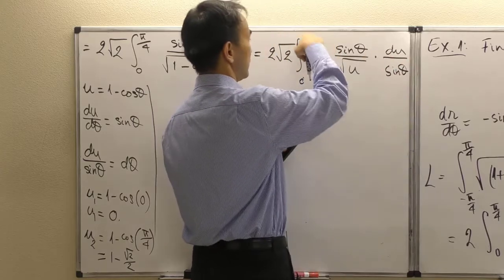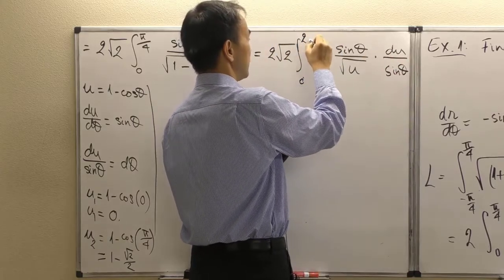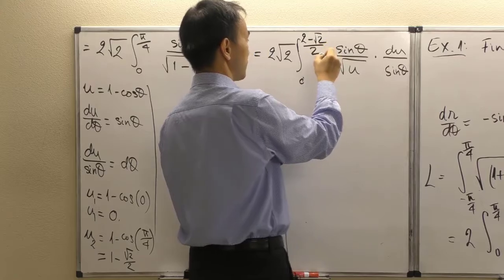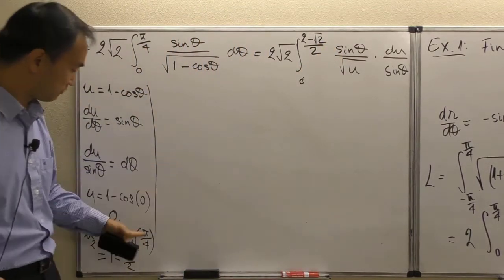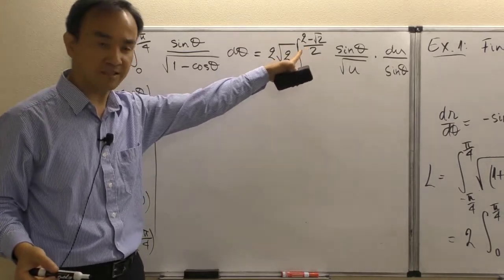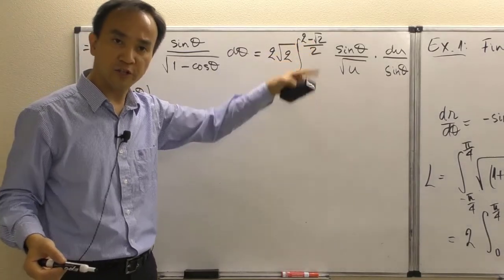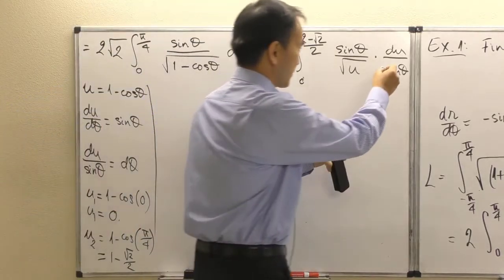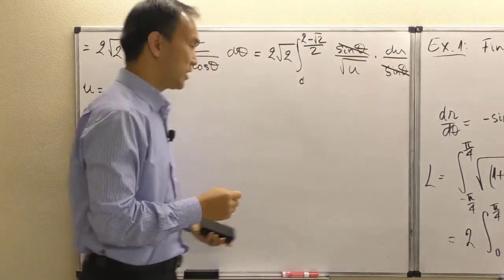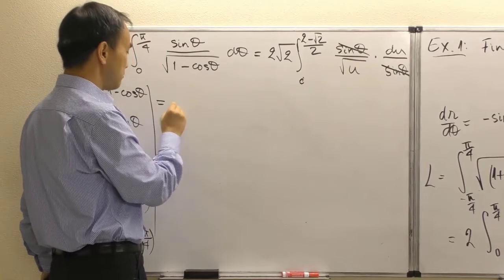So here this is 2 minus square root 2 over 2. Instead of writing that as 1 minus square root 2 over 2, I'm making a common denominator and writing that all as 2 minus square root 2 all over 2. And so now the sine of theta is cancelled. So in the next step, the integral becomes something much simpler.